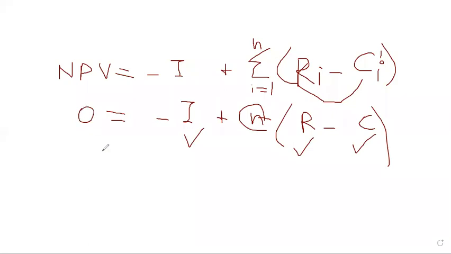So now you can say that N is equal to I over R minus C. This is because here, this is constant. If it was varying with year, all you have to do is decompose this term, but the concept is the same. So N is I over R minus C, and then you can get the value of your payback period.